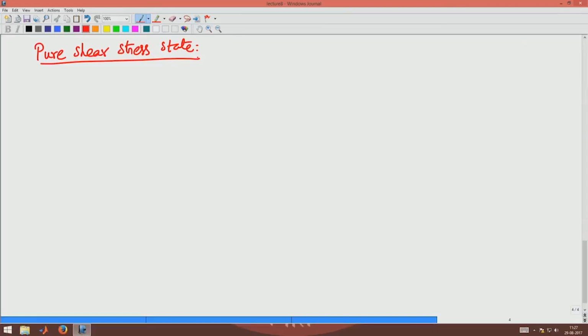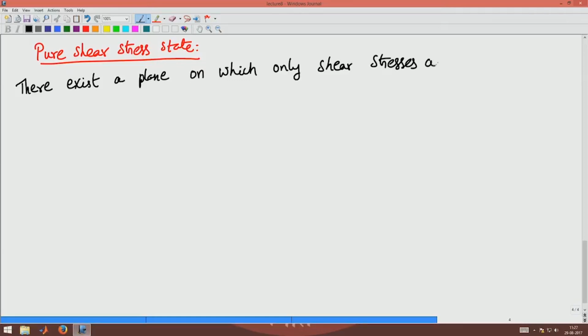What this means is, there exists a plane on which only shear stresses act, that is, no normal stress on this plane.